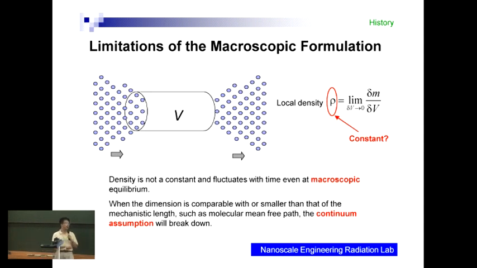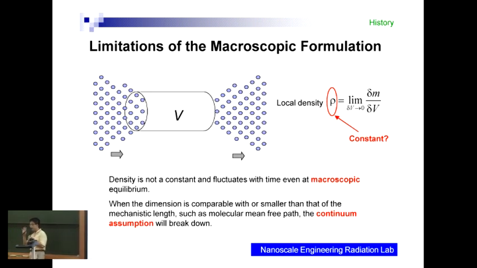But if the bag or the volume continues to shrink, then the problem happens. The continuum assumption breaks down because air is composed of a lot of molecules. When the volume keeps shrinking down to the nanoscale, you need to count how many molecules are inside, and the density will not be a constant anymore.